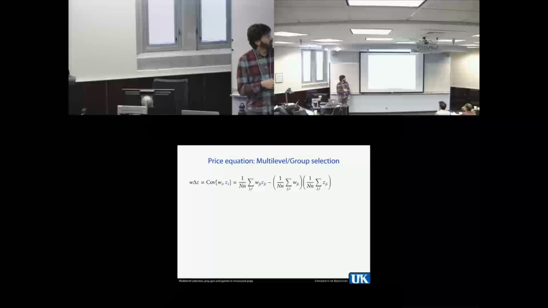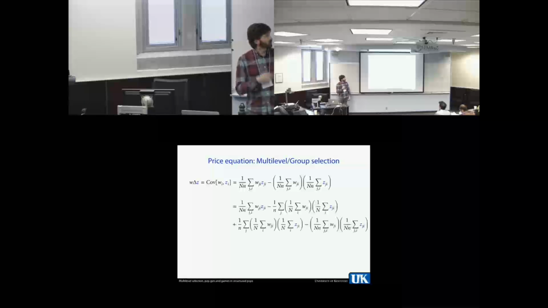It's the expected W times Z minus the expected W times the expected Z, just the definition of covariance. We add and subtract the same thing in that equation, and just read off what the new terms are. The first one is a covariance between the mean group fitness and the mean group genotype or phenotype.